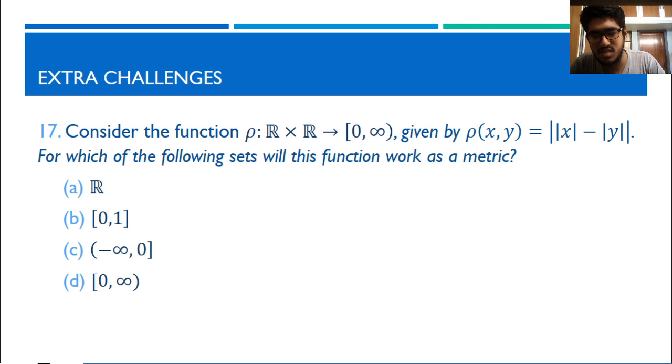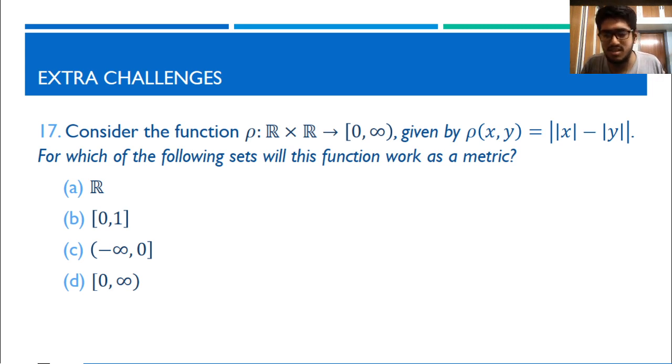What about C? And D? They are feeling left out. As Pranati said, let me quickly wind up this question. This works as a metric for all of these sets. In fact, if it works as a metric for R, it should work as a metric for all its subsets. Why? That's a mystery that I leave to you.